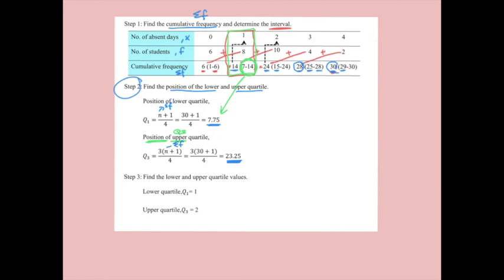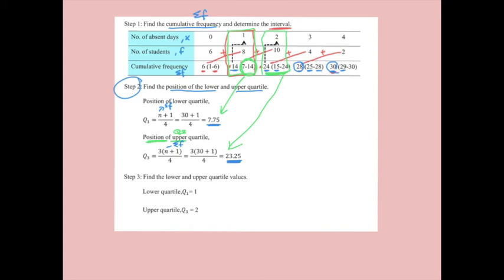So you need to check the interval which actually contains this value. Based on our observation, we can see that quartile 3 is actually in this interval between 15 to 24.